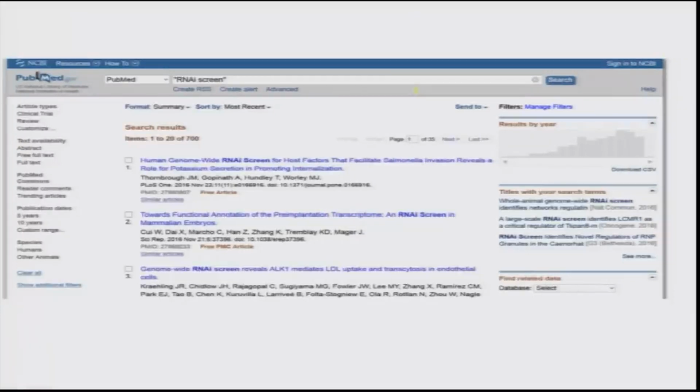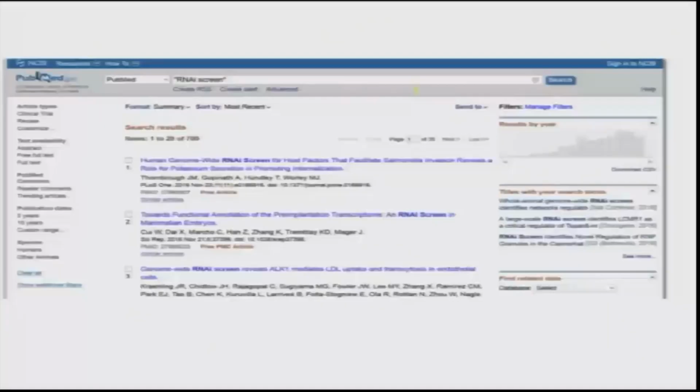This is a PubMed search, and you will find that already when I say screen, it is not an individual RNA or individual gene. You are talking about screening for a particular process using thousands of constructs that knock out thousands of genes. So, when you see that there are already 700 papers, and you can see here on the right side this histogram only talks about how the number of papers that use this RNAi screen is increasing every year.